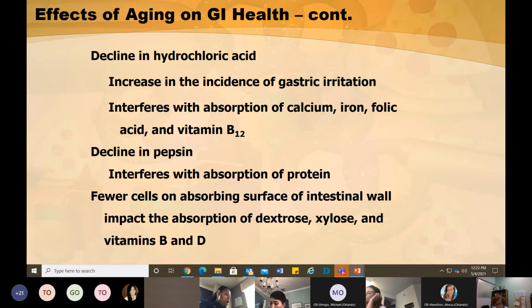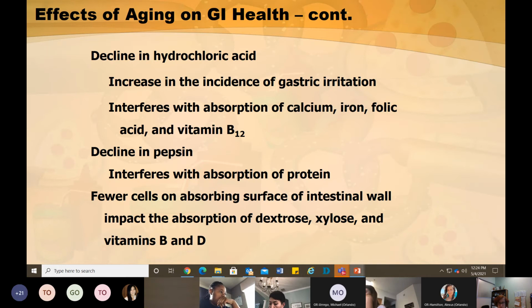All right. They do have an increase in, of course, the gastric irritation, which we just kind of mentioned. And because there's not enough hydrochloric acid, sometimes their stomach and their gastric problems can cause calcium and folic acid and some other vitamins to not be absorbed as well. We need pepsin for the absorption of protein.